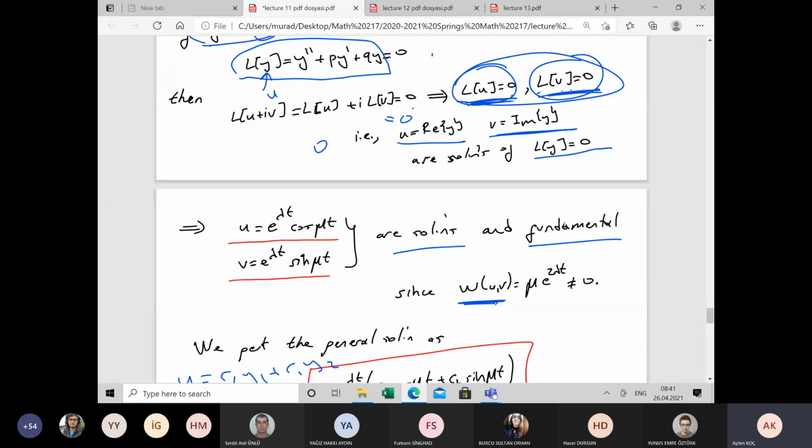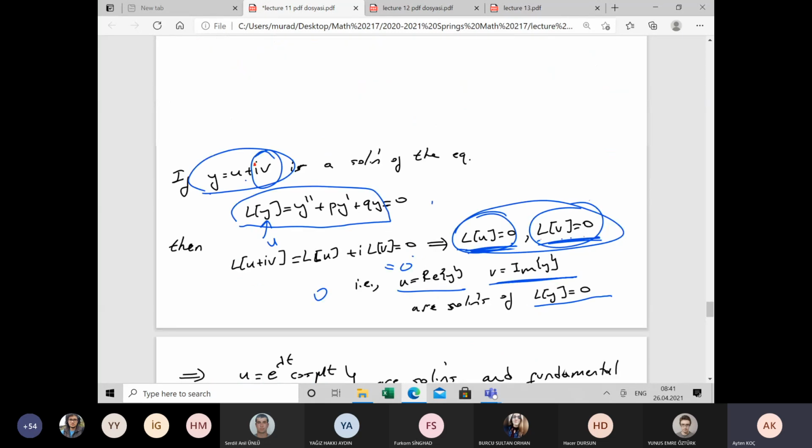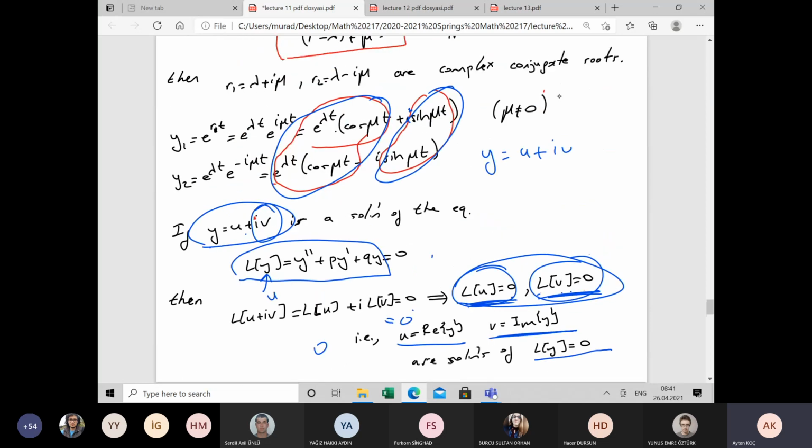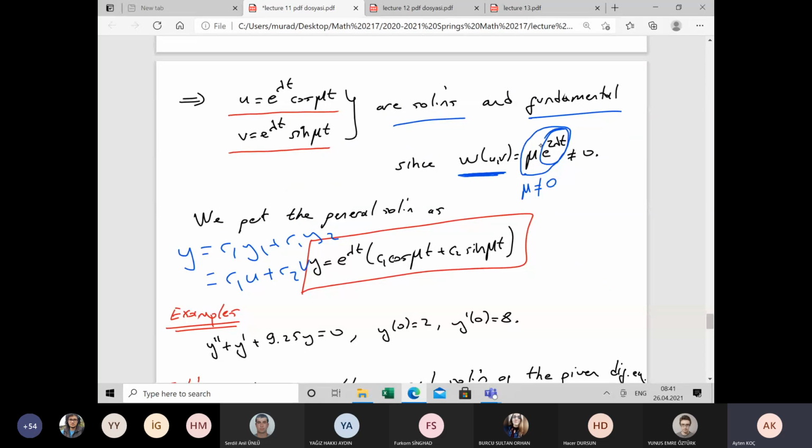It is easy to see that this determinant is equal to mu e to the lambda t, and we know that mu is non-zero. Also the exponential function is never 0, so this is always non-zero.